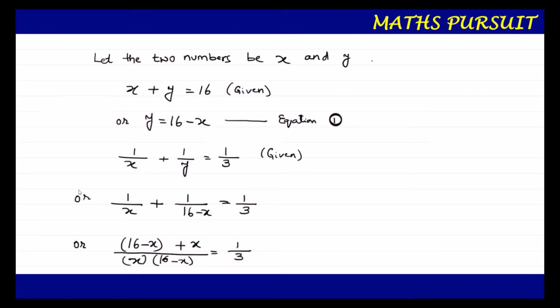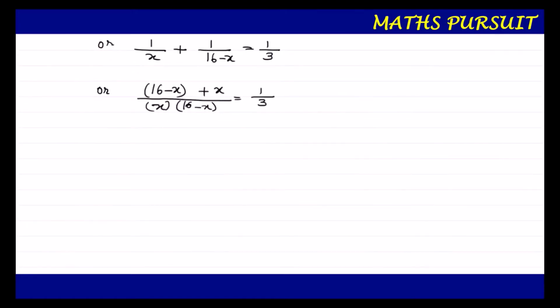So guys, this is what we got. Now let us further solve this equation and see what we are getting. Or I can write 16 minus x plus x upon 16x minus x to the power 2 is equal to 1 upon 3. Guys, I'm solving this equation. This is very simple and very straightforward.